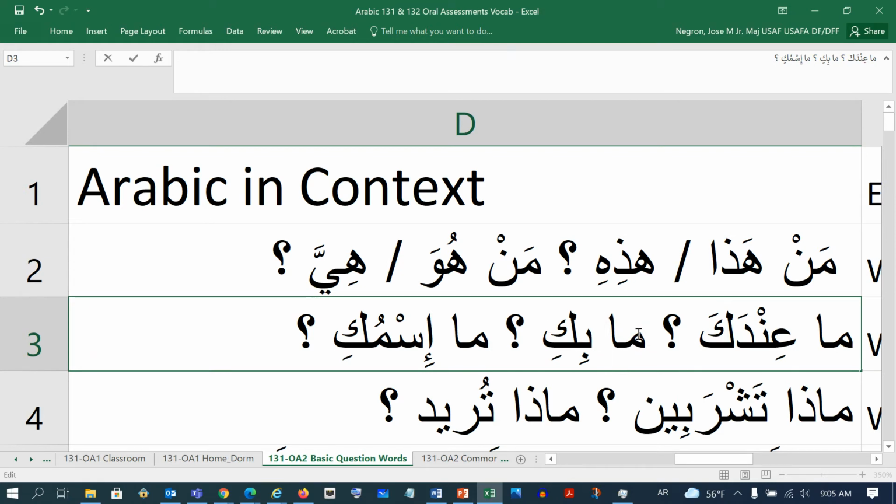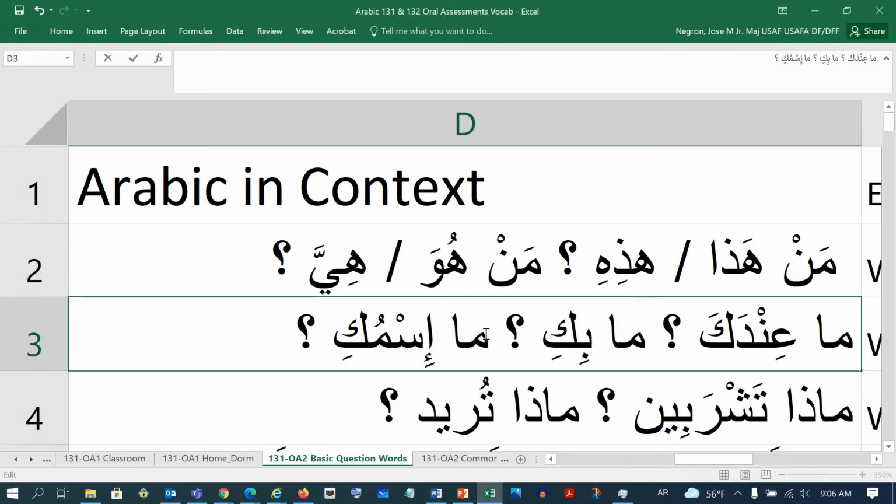That's the literal translation, but this phrase actually means "what is wrong?" You can make it masculine: mabika, mabika, what is wrong, if you're talking to a male instead. But this is just a preposition following the ma.